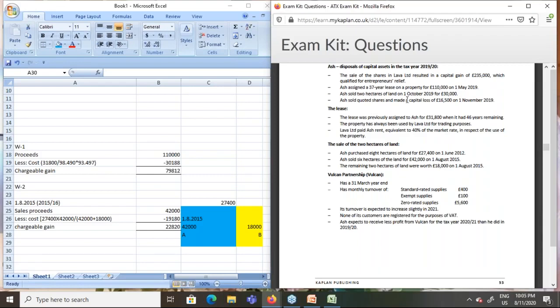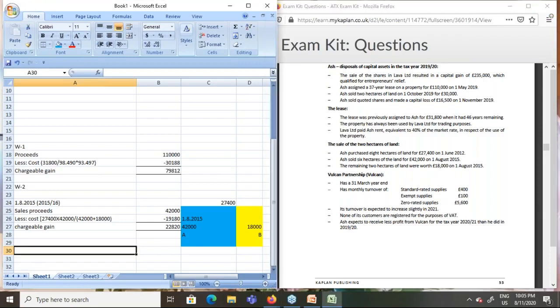Has sold 2 hectares of land on the 1st of October 2019 for 30,000 pounds. So on 1st October 2019, you have sold the balance for 30,000 pounds.